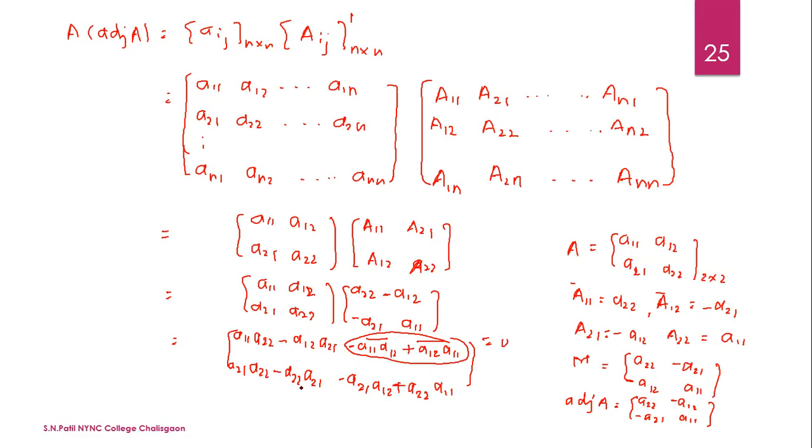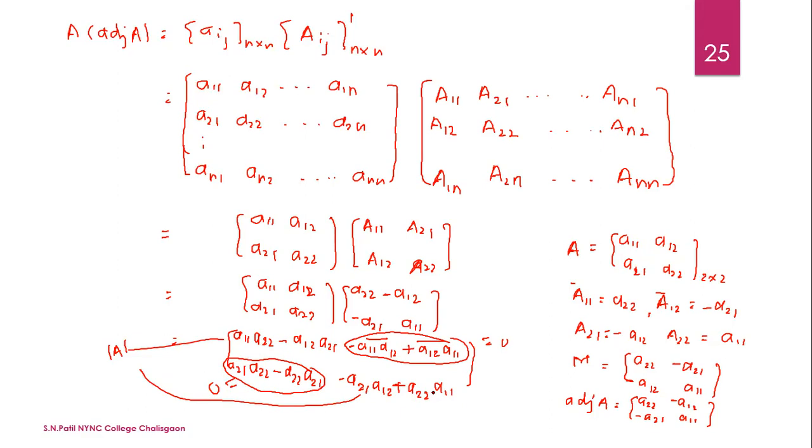Similarly, the other off-diagonal entry we get is 0. If you observe this, the diagonal entries are the determinant of A, the simplification of the determinant of the A matrix.